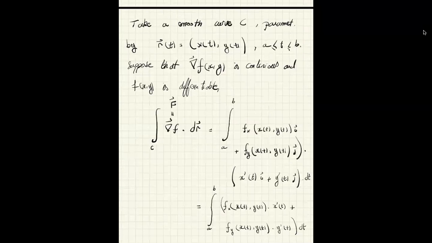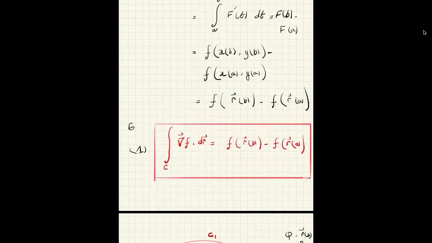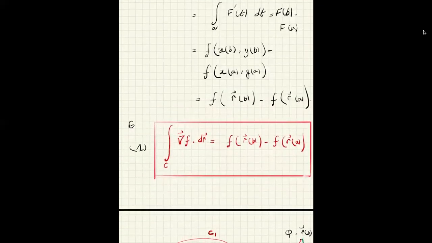Then we took a very special vector field, which is the gradient of a function of two variables. We did the calculation for the work done by this vector field along a curve from A to B, and we realized that it doesn't actually care about the form of the line. It only cares about where you end and where you start.